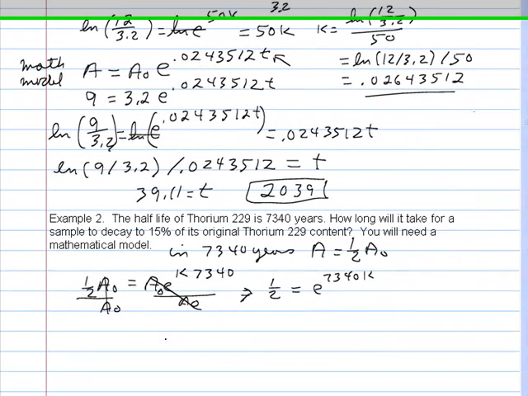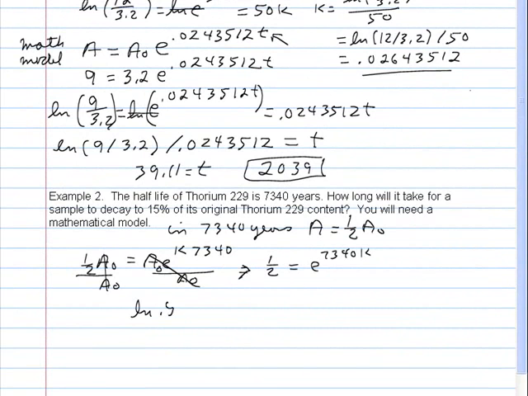So if I take ln of both sides, I'll get ln of 0.5 equals ln of E to the 7340K, which is going to tell me when I do my reversing here and divide by 7340 that K is equal to the ln of 0.5 divided by 7340.